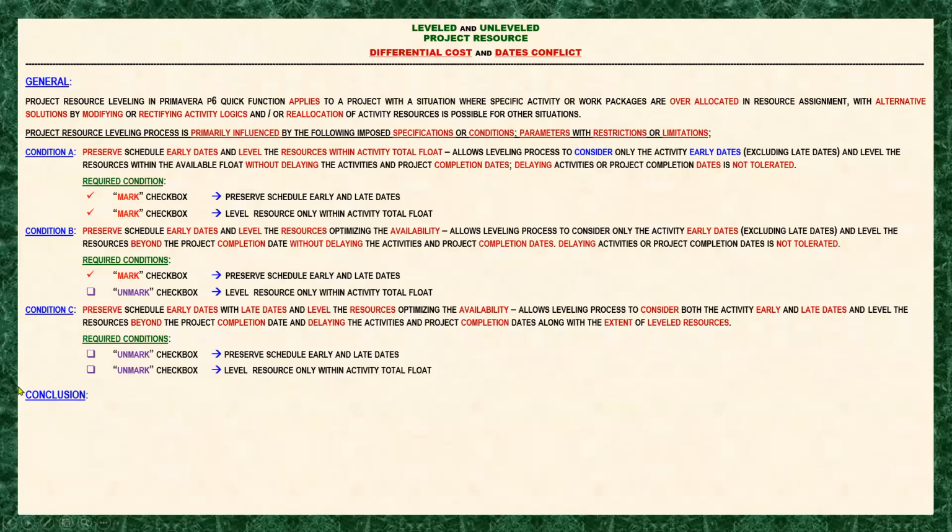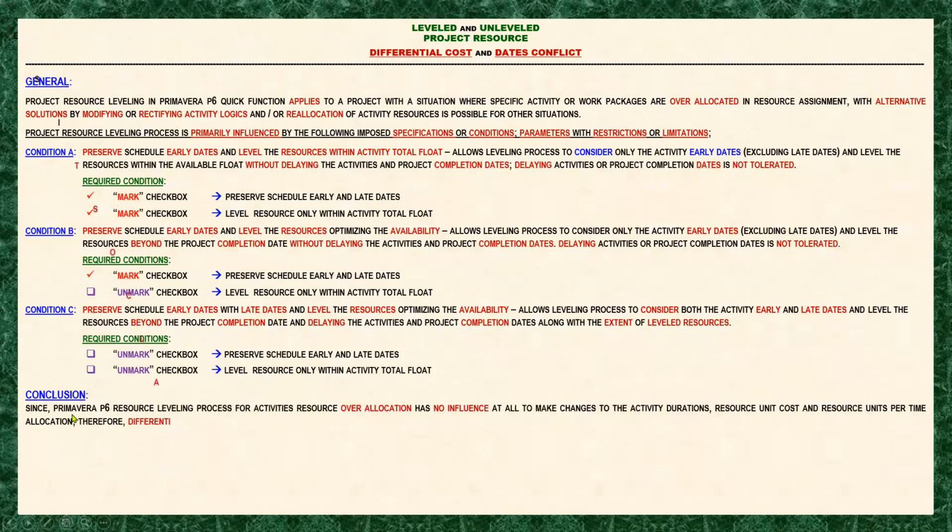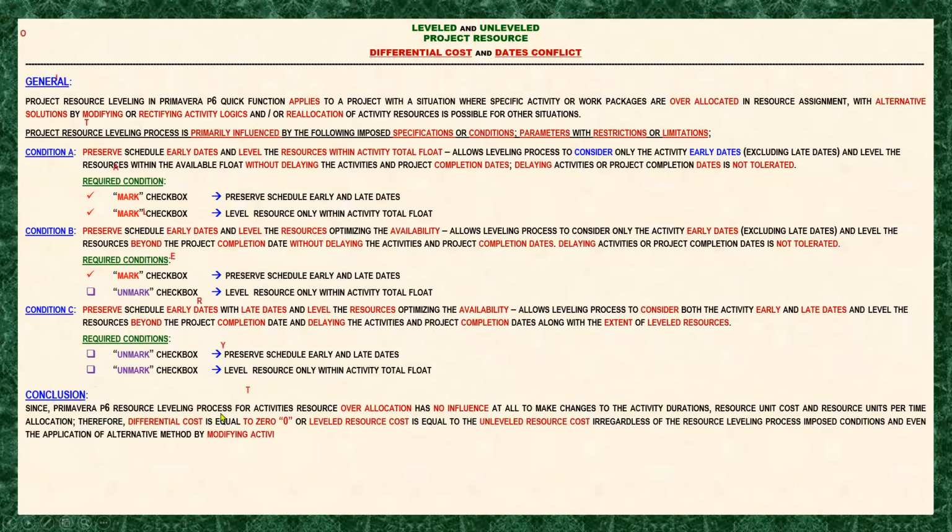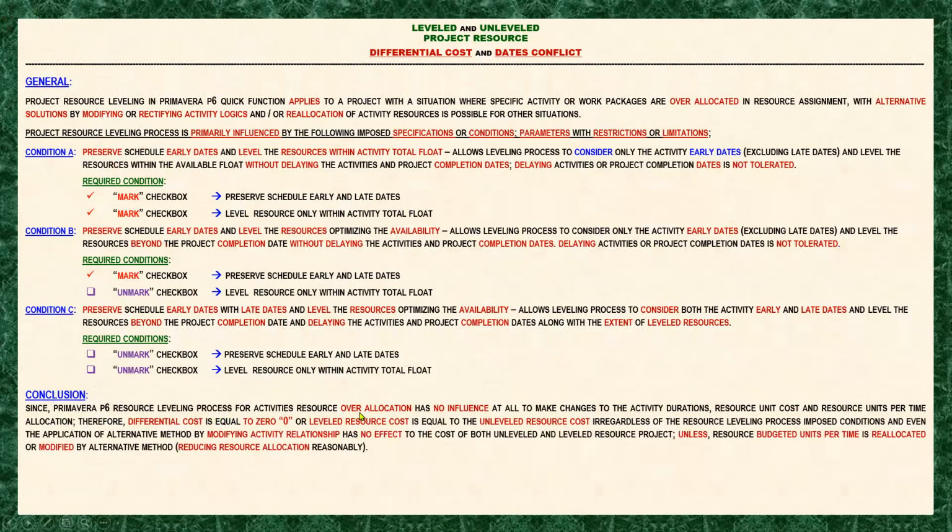So we will go to the conclusion as per our demonstration. Since the Primavera P6 resource leveling process for activities resource over allocation has no influence at all to make changes to the activity durations, a resource unit cost and resource units per time allocation.